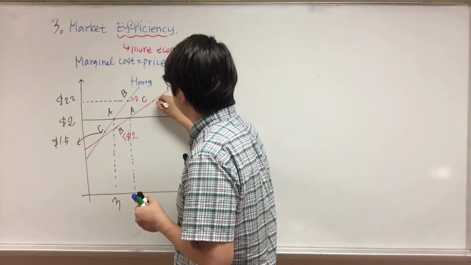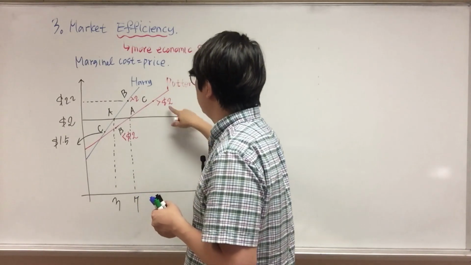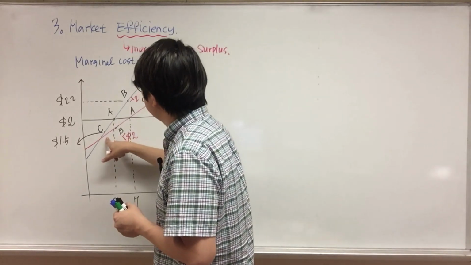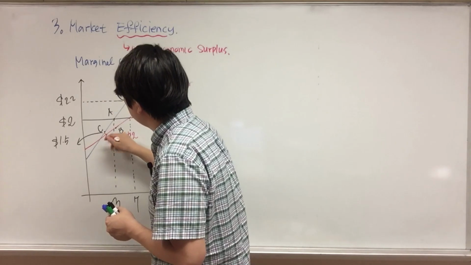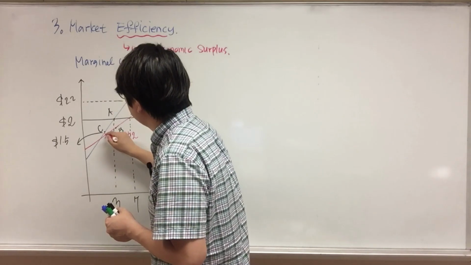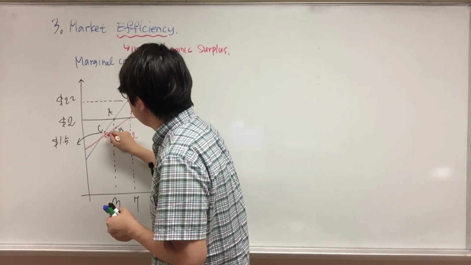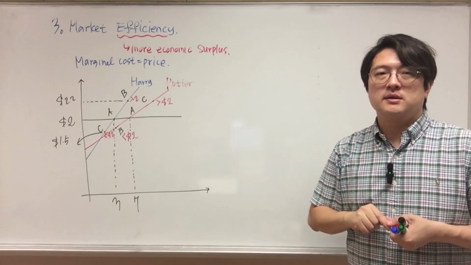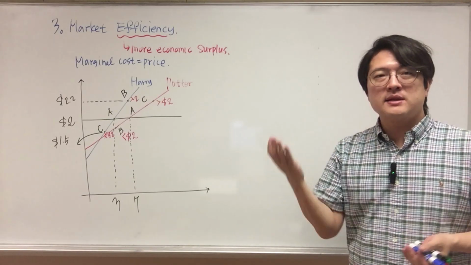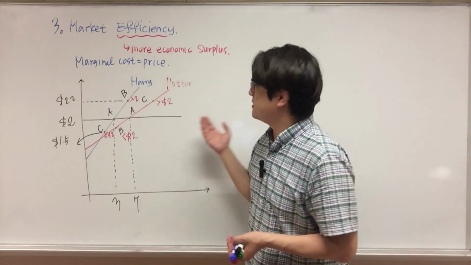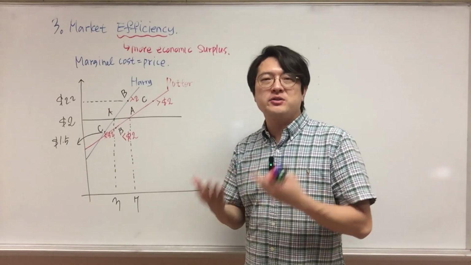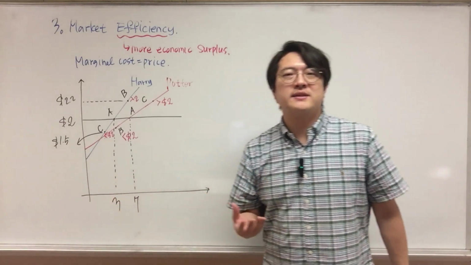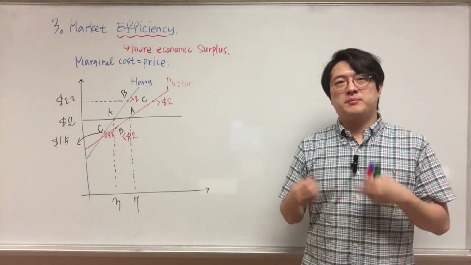At this point, Potter will spend a marginal cost which is higher than the market price, and Harry will provide the quantity supplied at a price which is less than $2, right? So in this case, Potter and Harry are paying a marginal cost that is higher or less than the market price of $2.